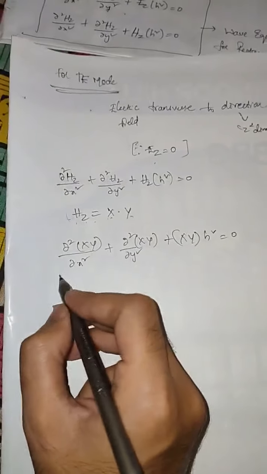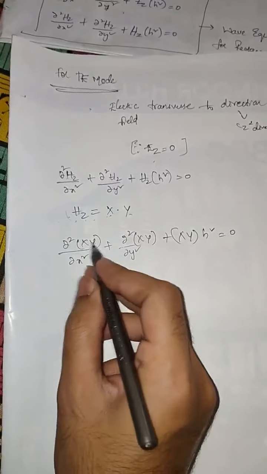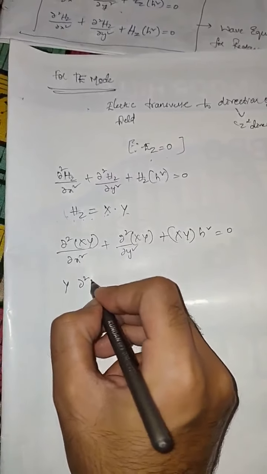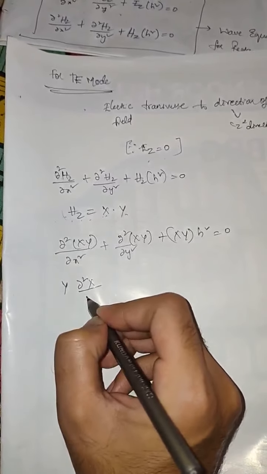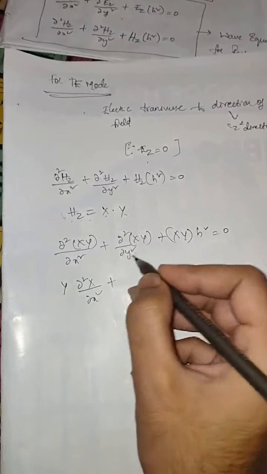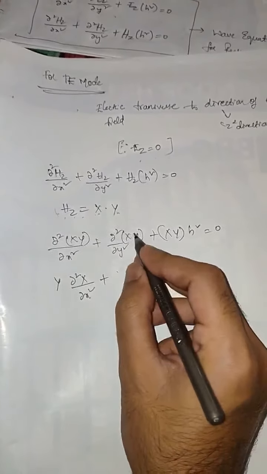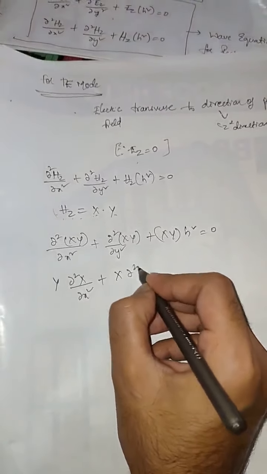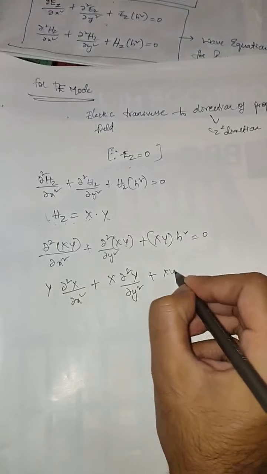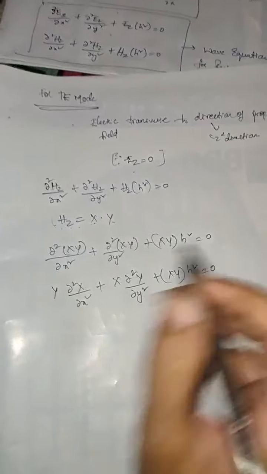Now we take Y outside in the first term, and similarly X outside in the second term, so we can write it like this: Y dou square X by dou x square plus X dou square Y by dou y square plus XY h square is equal to 0.